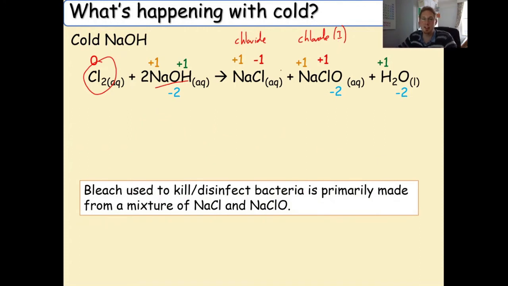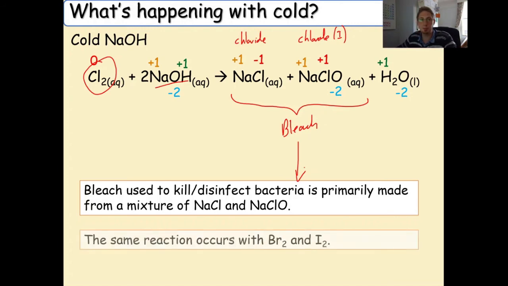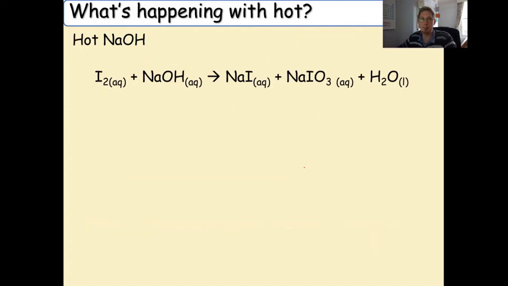What's the use of this? Well, this mix actually is bleach, and it's used to kill or disinfect. It kills bacteria, and obviously very useful. You get the same reaction with bromine and iodine.